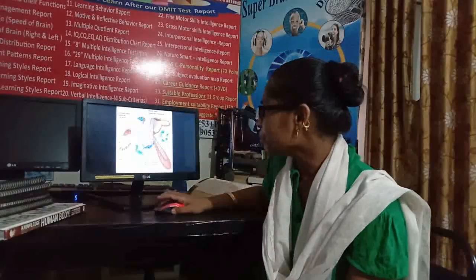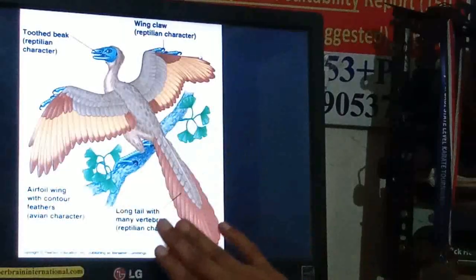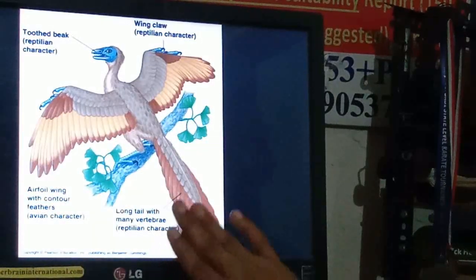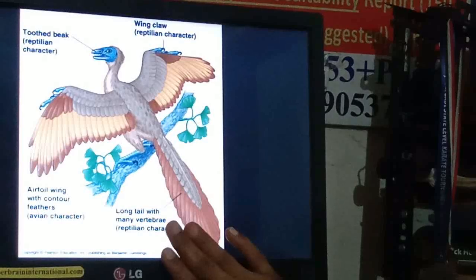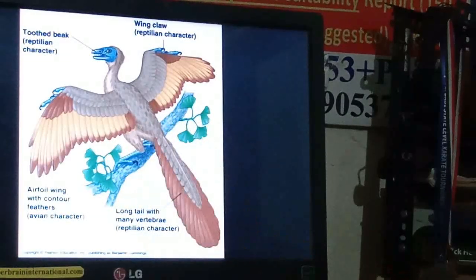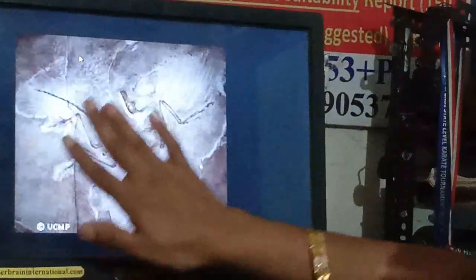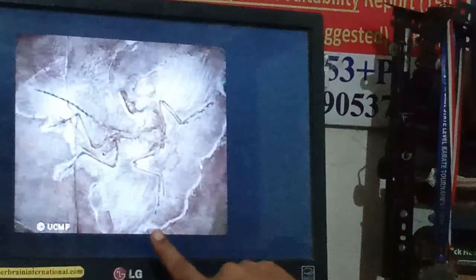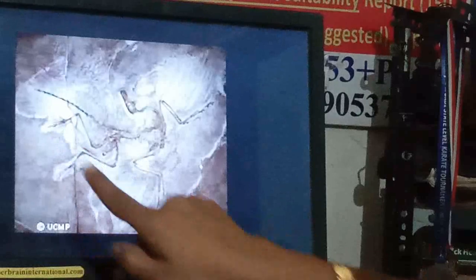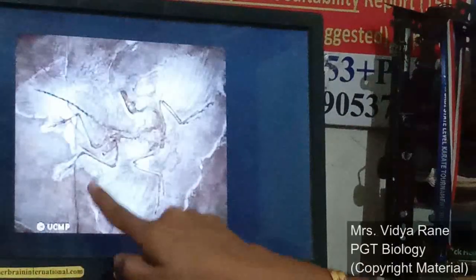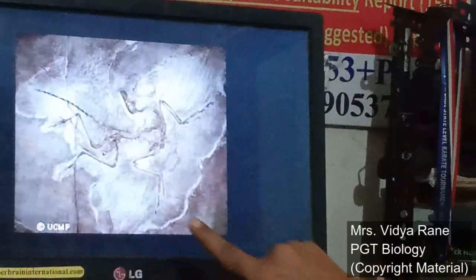See here, this is an example called Archaeopteryx, and its fossil is shown. See here, the fossil. This is how the imprints of that organism are shown on the rock. Maybe you are able to see it clearly or not, I don't know.